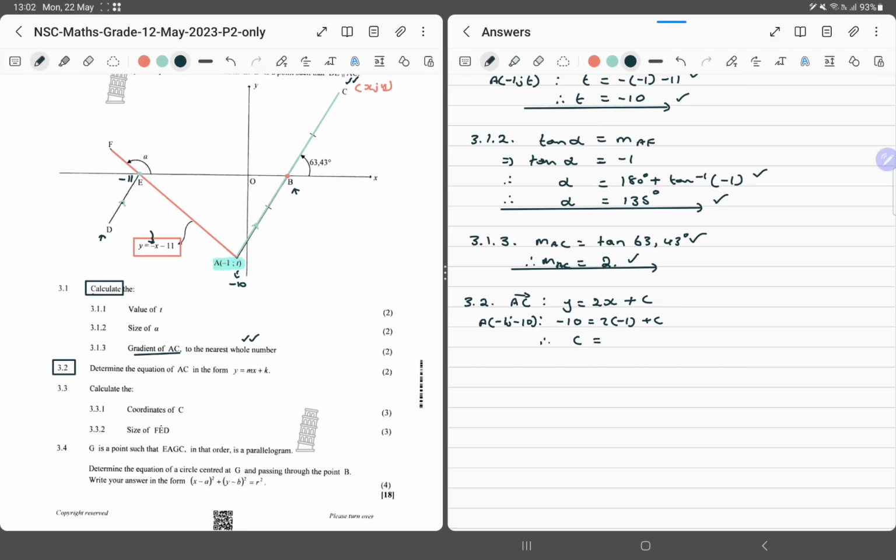Therefore, c is going to be equal to minus 10 plus 2, which is minus 8. Okay? Therefore, y is equal to 2x minus 8. So easy. No problems right there. So pretty simple and straightforward. So here it's working out the c and writing the equation, I suppose.